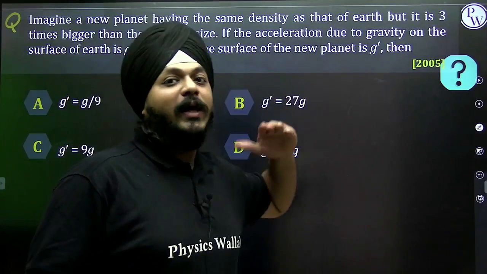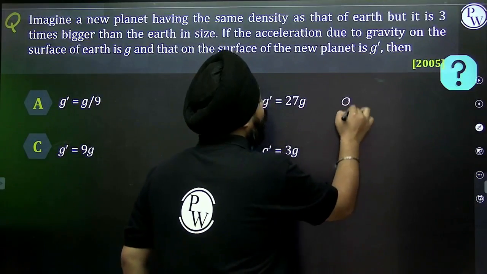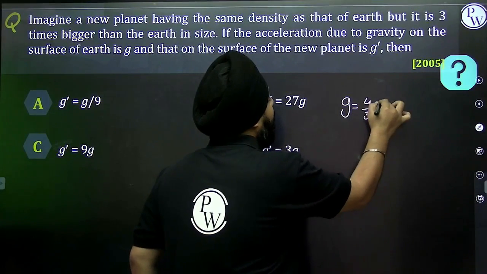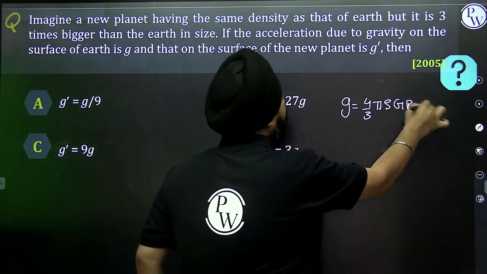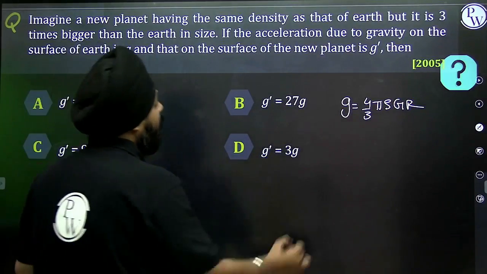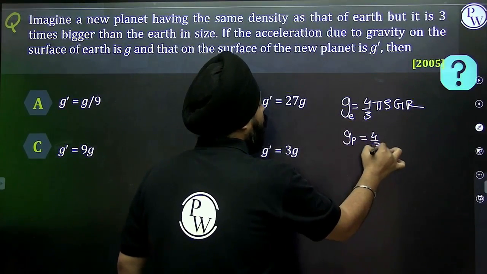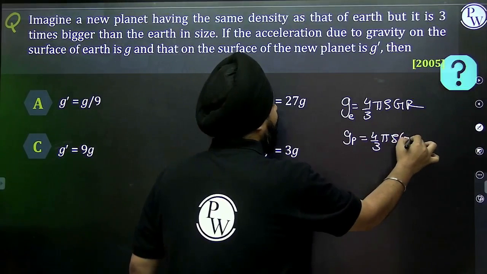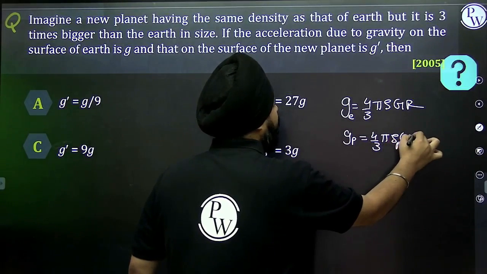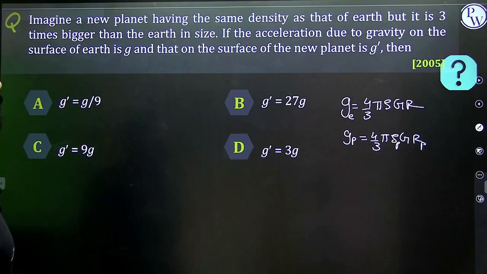This is the comparison between the planet and the Earth. The equation of g with respect to density is 4 by 3 pi rho G r. This is for Earth. For a planet, it is 4 by 3 pi rho of planet G and r of planet. G is constant, same density.